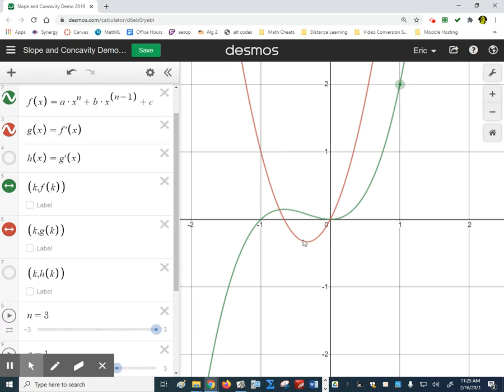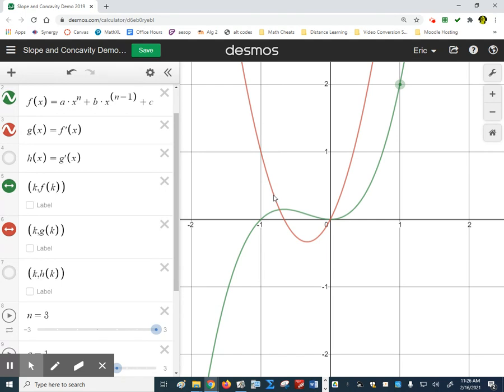That's f prime. The red graph is f prime. Yeah, it's the vertex, isn't it? Everybody see that? It's going to be at the vertex. To the left of the vertex, you can see that the rate of change of the slope is negative, isn't it? Right?